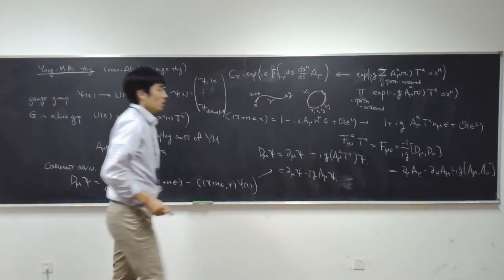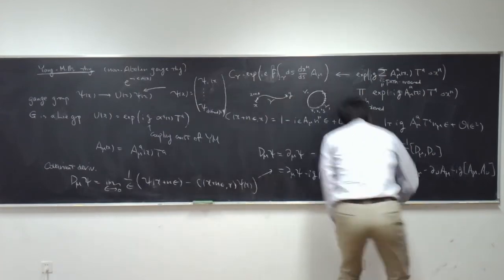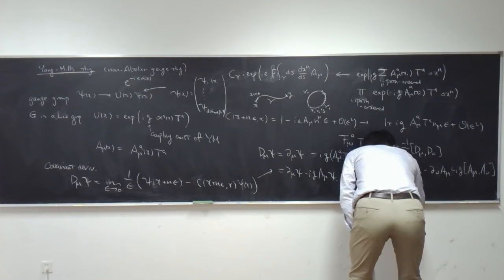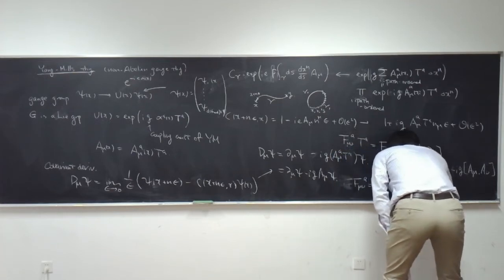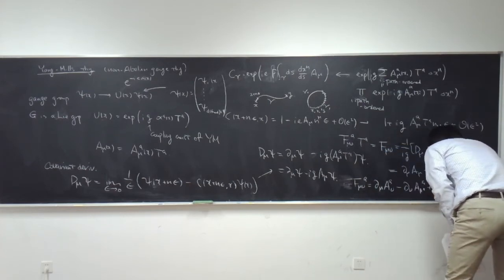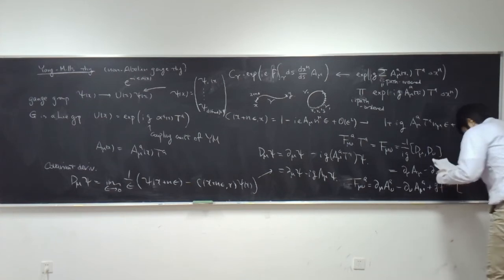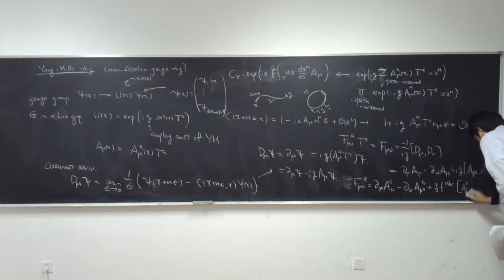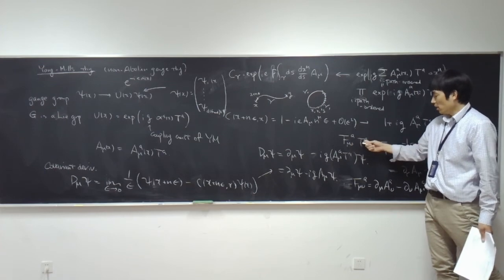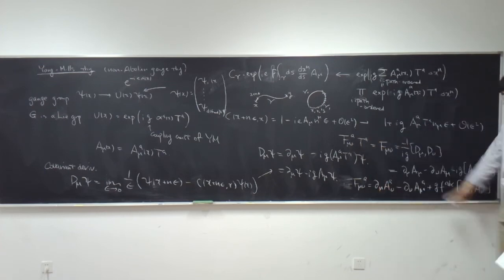One can write it in terms of the basis: plus g f^{abc} A mu^b A nu^c. So if you expand in terms of the basis of the Lie algebra, the component is written down like this.